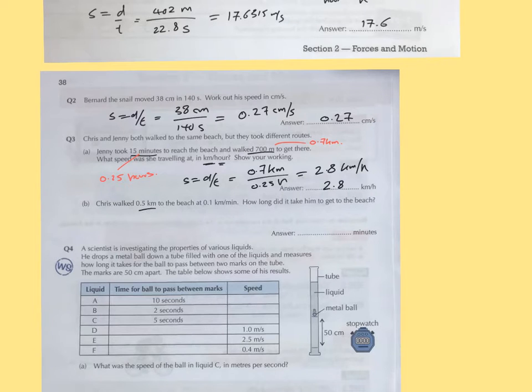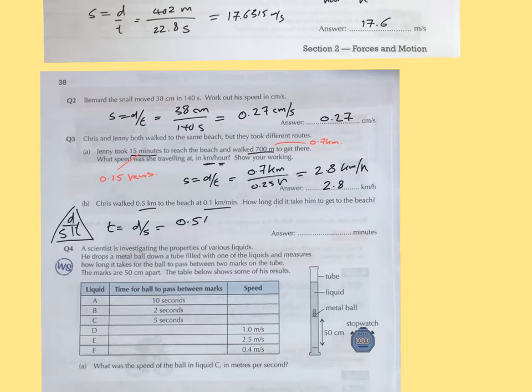Chris walked 0.5 kilometers to the beach at 0.1 kilometers per minute. How long did it take him to get to the beach? So we've got kilometers per minute, and that means we're going to get the time in minutes, which is okay because it matches. So we take our speed, distance, time equation. Speed equals distance over time, and this time it's asking us to work out the time. If you cover up the time, you're left with distance divided by speed, because the D is on top of the S. So time equals distance divided by speed.